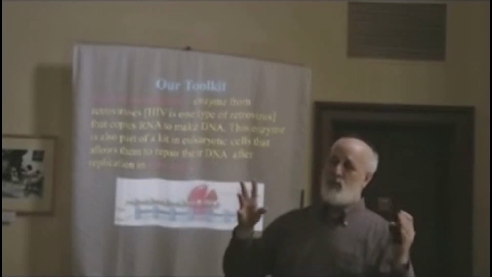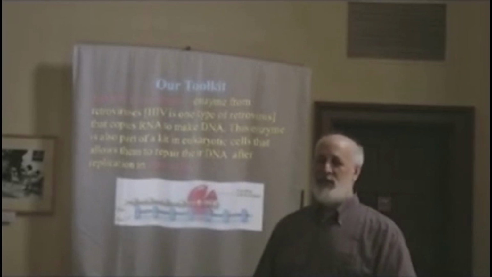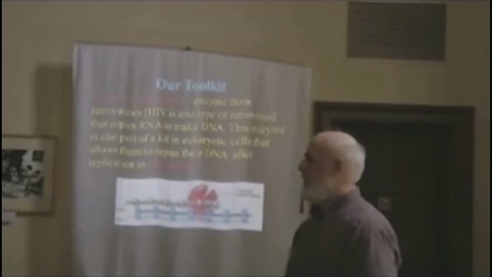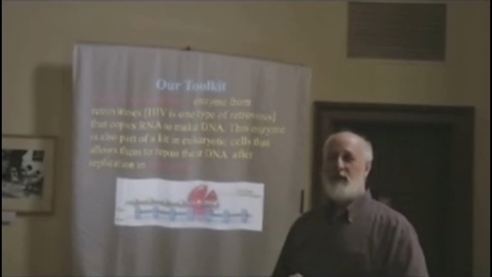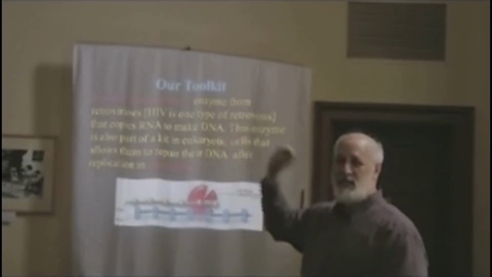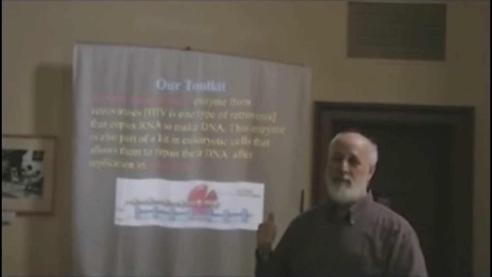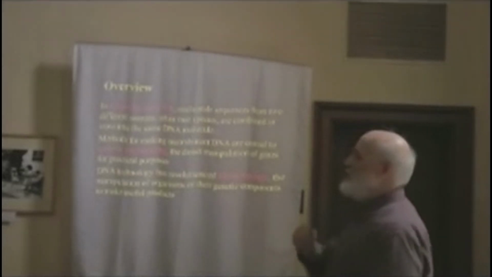And then it gets read and it makes more proteins and more RNA, and when it leaves the cell, the cell's dead, basically. Anyway, we find out we can use those for stuff. Now, our stem cells have a little repair kit that has some reverse transcriptase. Probably the retroviruses stole it from us in the first place.